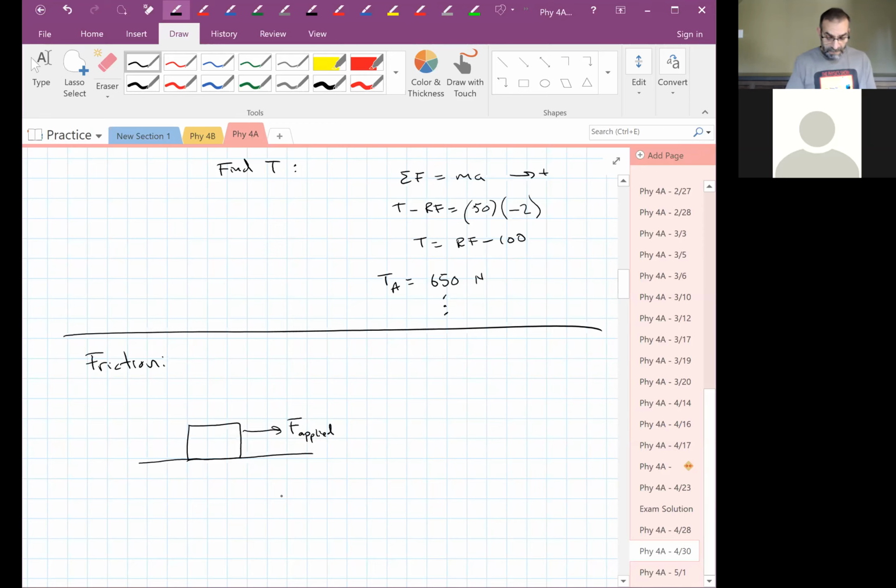Now, if I plot the friction force, I'm going to run out of room here.